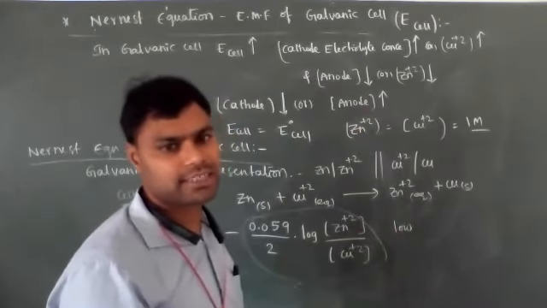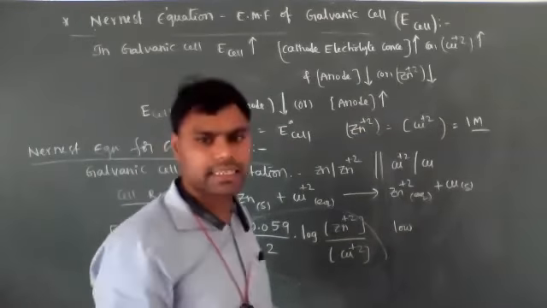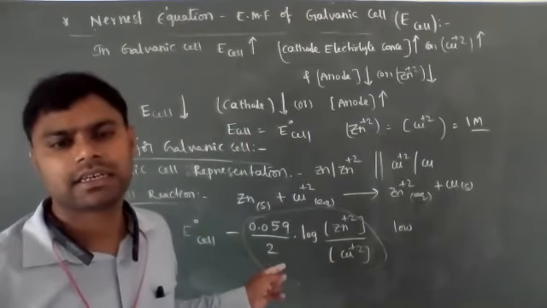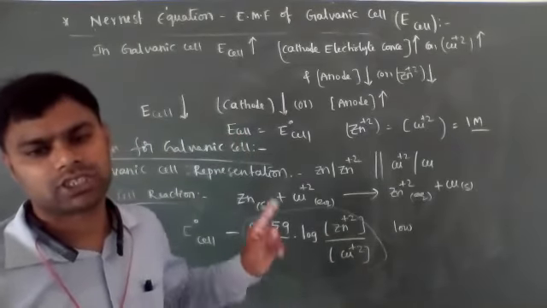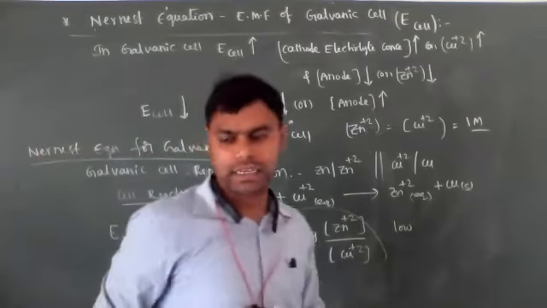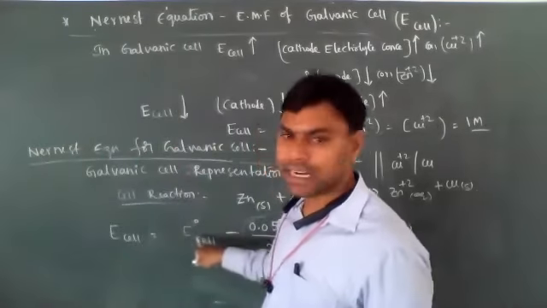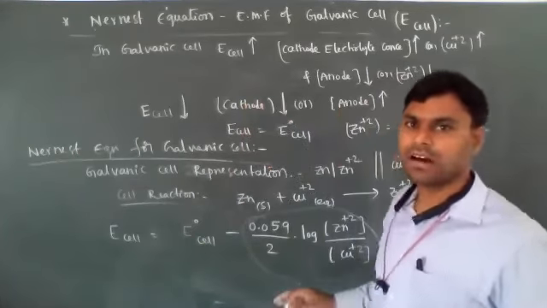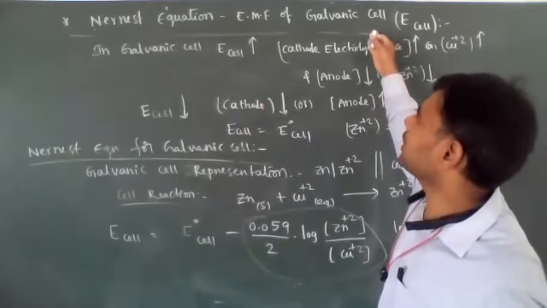If both oxidation potentials are given, then E0 cell is equal to left hand side oxidation potential minus right hand side oxidation potential. So these are the different conditions for the galvanic cell.